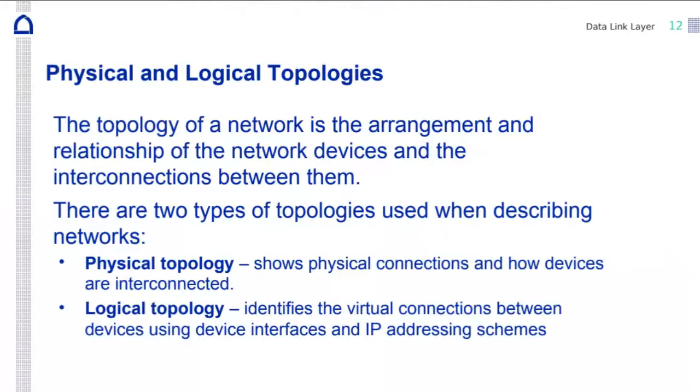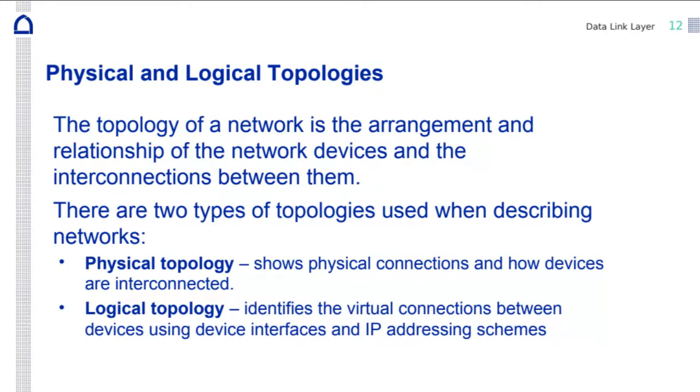Physical and logical topologies. The topology of a network is the arrangement and the relationship of the network devices and the interconnection between them. So we have two types of topologies. We have physical topology. It shows physical connections and how devices are interconnected. We talked about this when we talked about physical diagram and logical diagram.